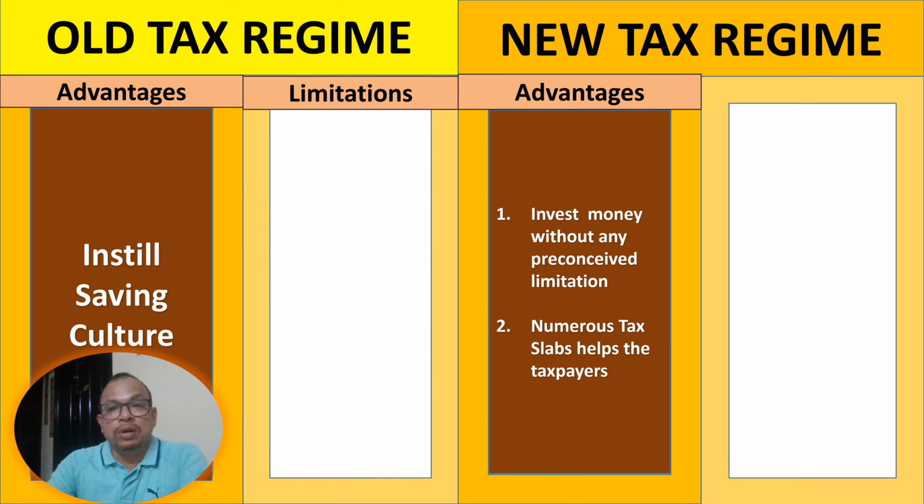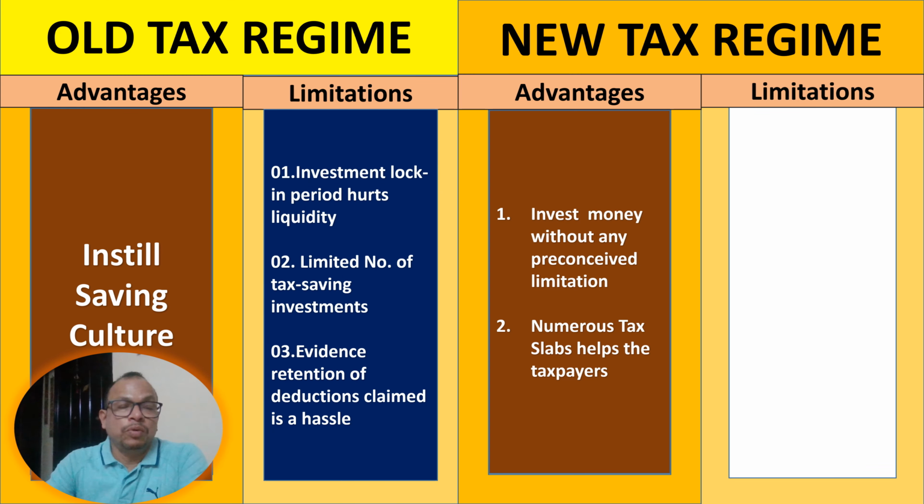But looking at the limitation side or the disadvantage side under the old tax regime, the investment lock-in period hurts liquidity. So if you are investing in any investment instrument, it will definitely affect your liquidity. And then there is a limited number of tax saving instruments; you don't have any choice other than the declared tax saving instruments.